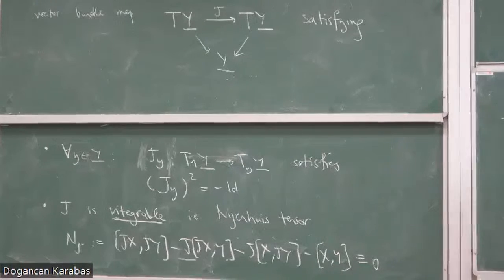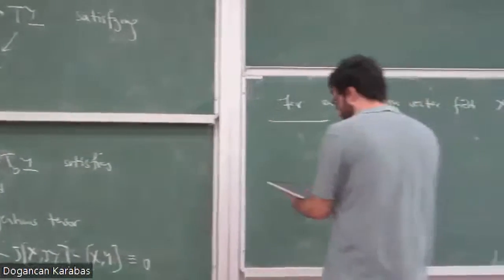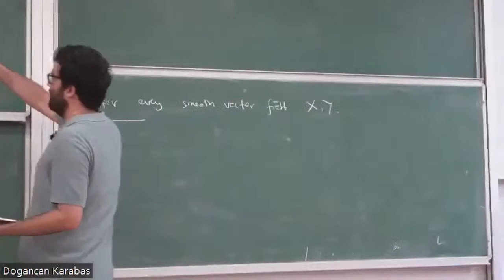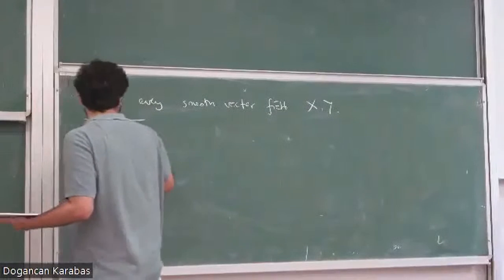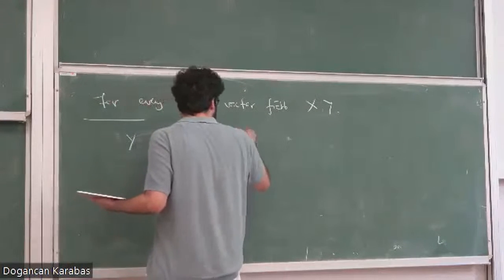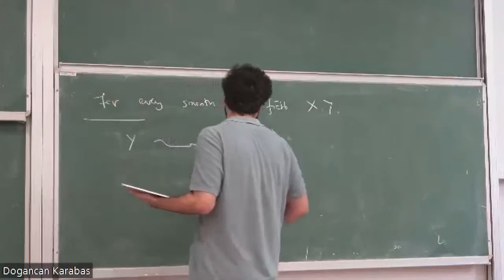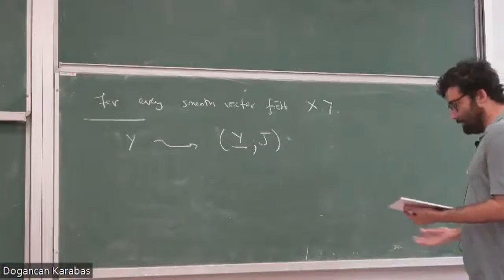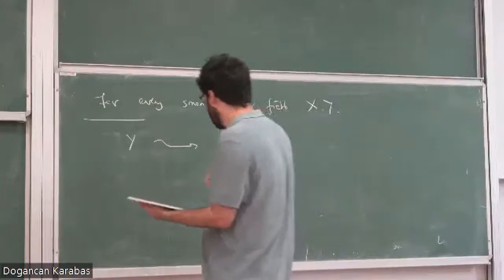Okay, so now one thing that I want to spell out even more is that one direction of this dictionary, so start from Y, and to get from it a Y underline comma J, is a simple procedure. So how do you do it?